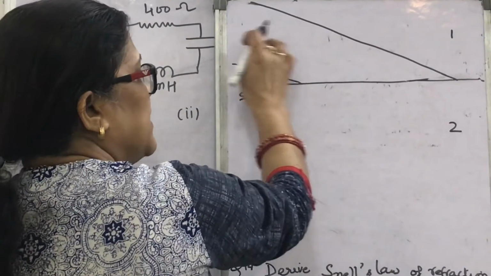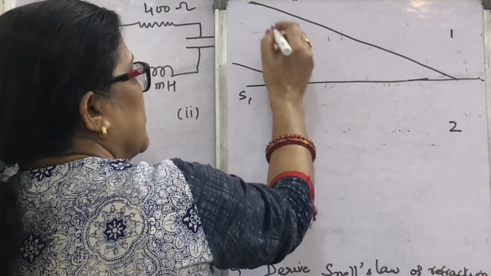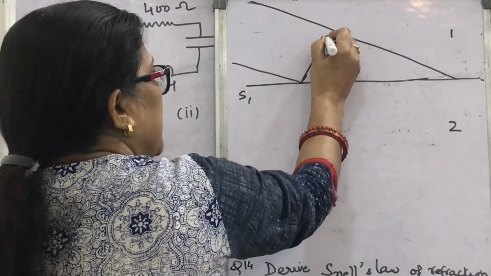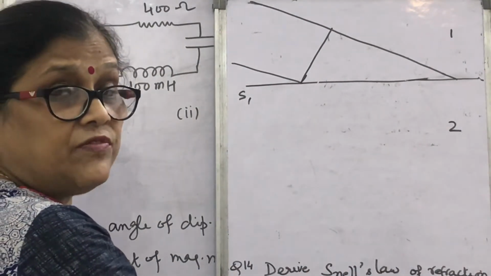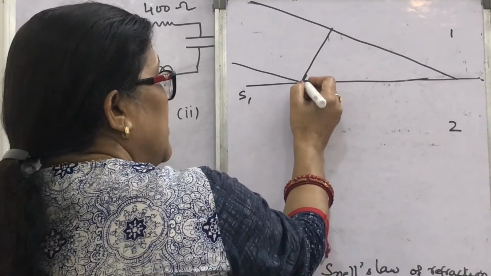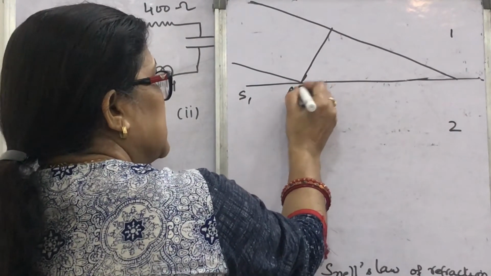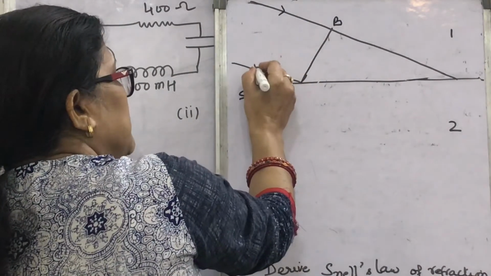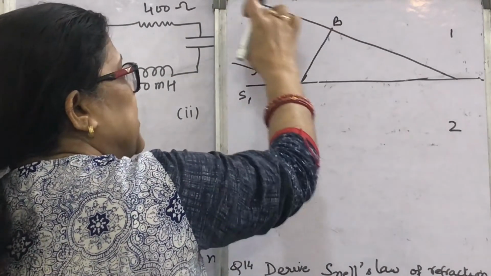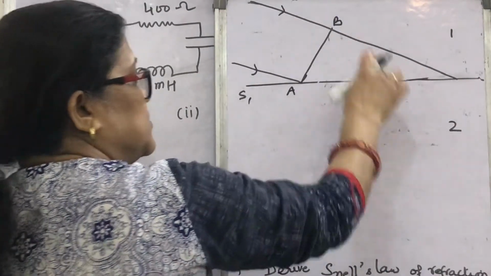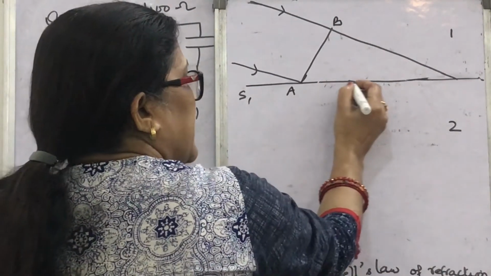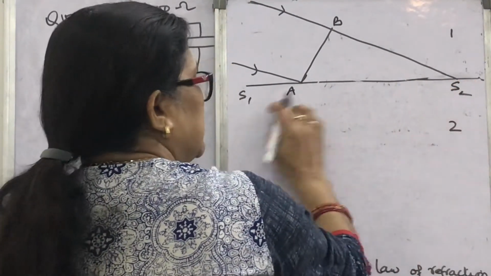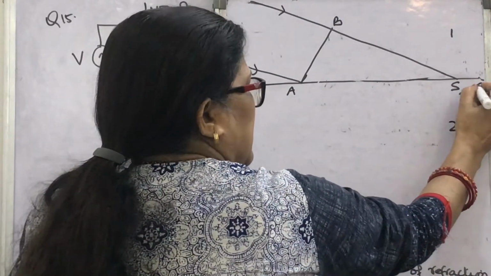There are so many rays. And what about the wavefront? Wavefront is a plane at which all the medium particles oscillate in the same phase. So how will you name the wavefront? Suppose AB. AB is the wavefront, and I have shown only two rays which are the extreme rays. All the rays are in between these two. All the rays are striking at different points at the interface, and this is S1 and this is S2.